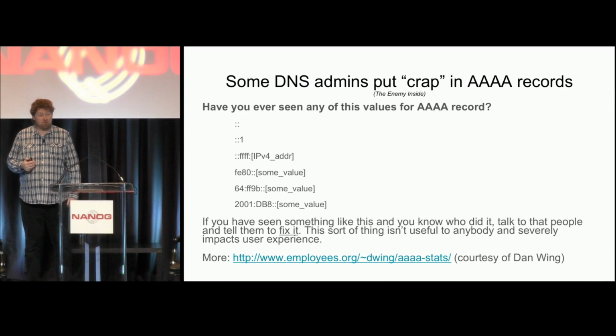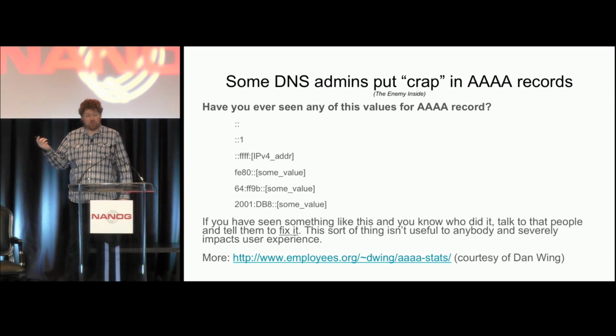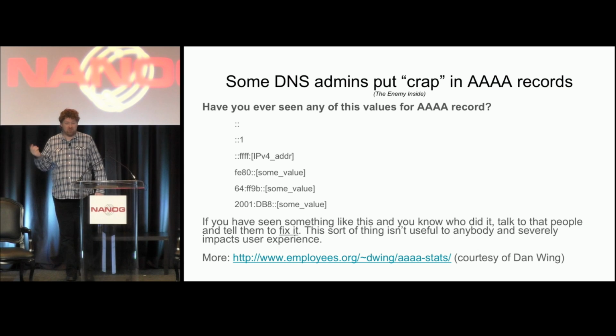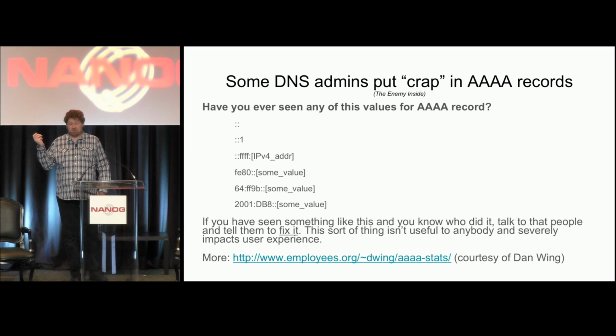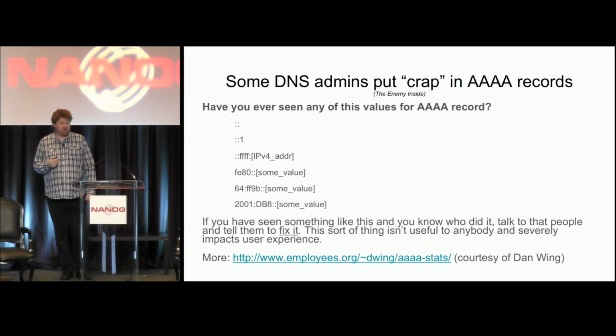We've seen link-local addresses in DNS. We've actually seen the NAT64 addresses, the 64:ff9b version. We've seen documentation prefixes in there. There must be more than just this, but we've seen really, really strange stuff.